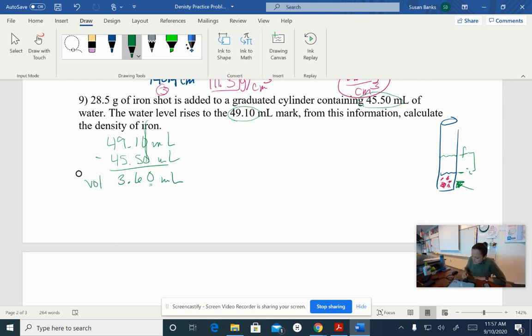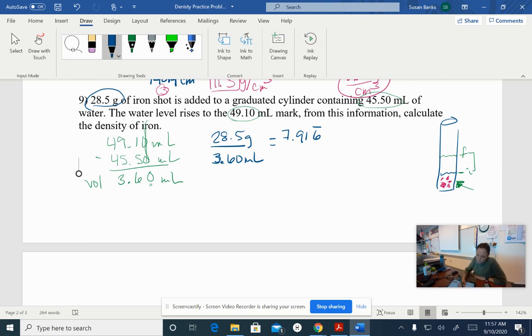And density is mass divided by volume. So if I look here, I've got a mass of 28.5 grams. I'm going to divide it by my volume, 3.60 mils. So here we go, 28.5 divided by 3.6. This gives me 7.916 repeating.